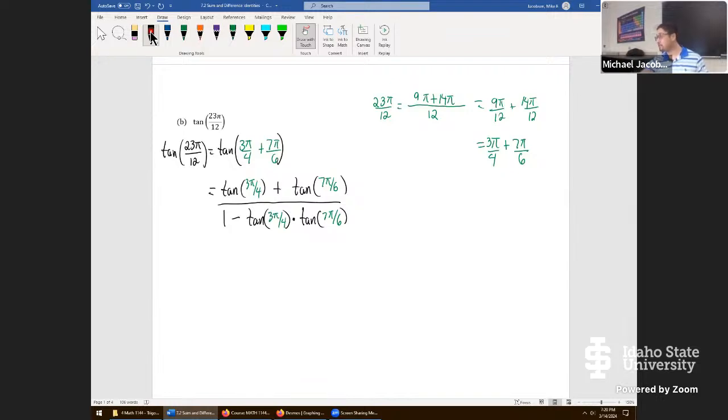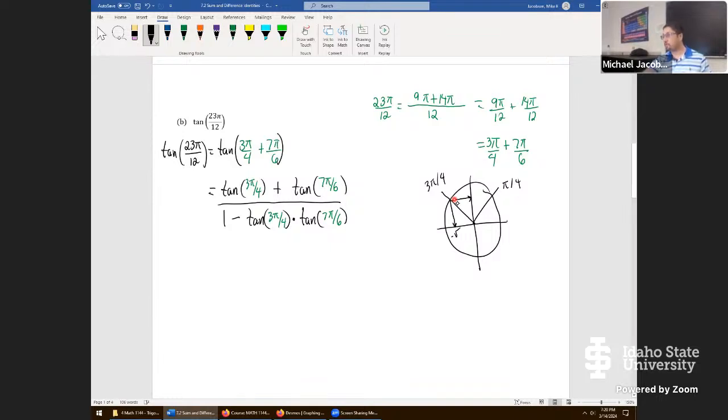Let's write out a unit circle here just to aid us. Pi over 4 is in this location, but we're dealing with a 3 pi over 4. They go by odds, so it's right here. 3 pi over 4 is going to give us root 2 over 2 divided by negative root 2 over 2.